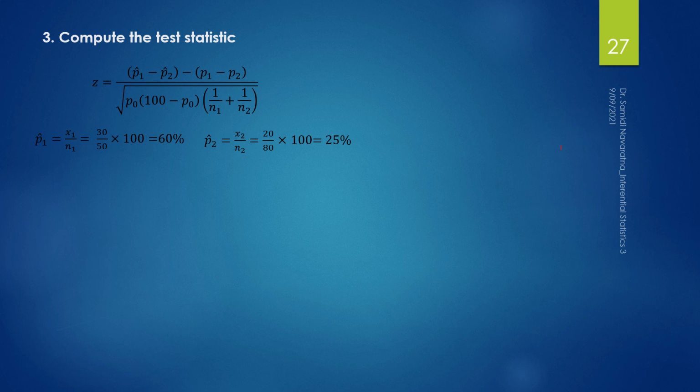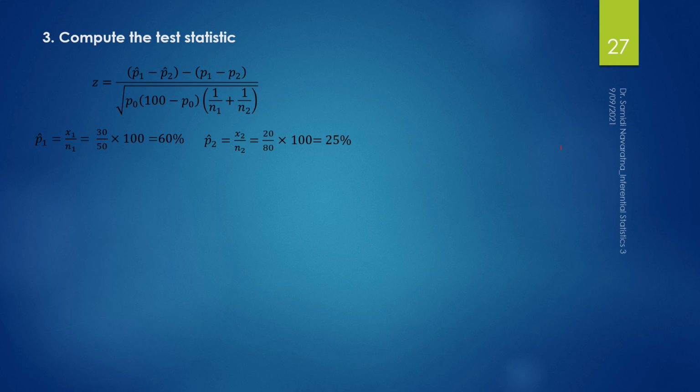Taking into consideration the null hypothesis that states P1 is equal to P2, that is, the true population proportion of the first sample is equal to the true population proportion of the second sample. So therefore, if they are equal, we have to come up with one estimate.